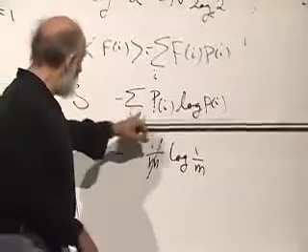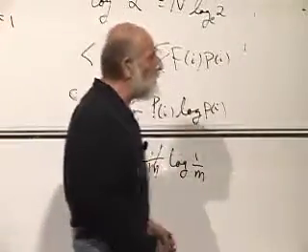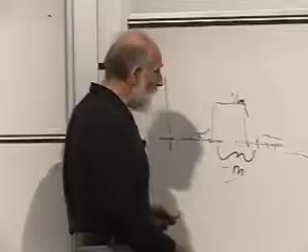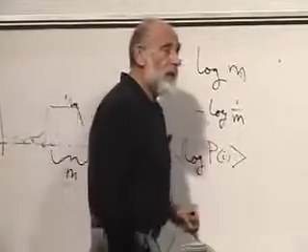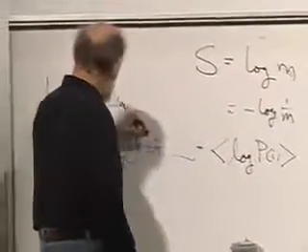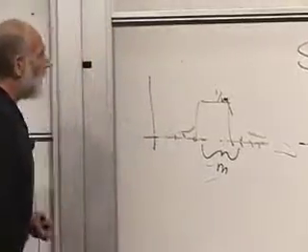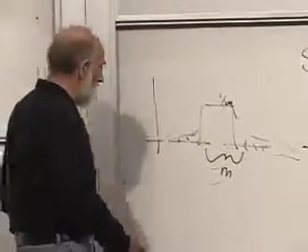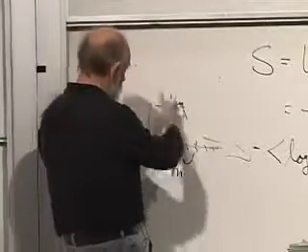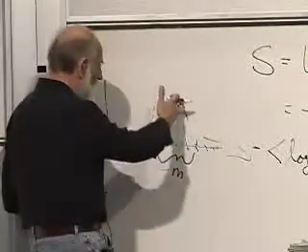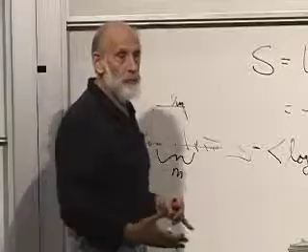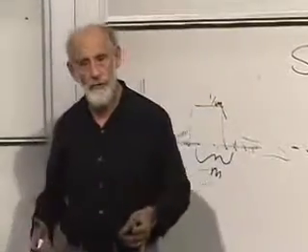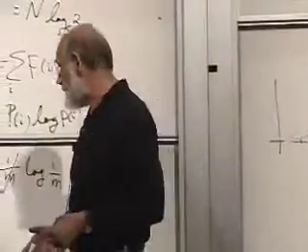So this formula, the average of the log of the probability, reproduces this formula for a square distribution like this, but it's more general. And it is kind of a measure of the width of the distribution or the number of configurations with more or less equal non-negligible probabilities.